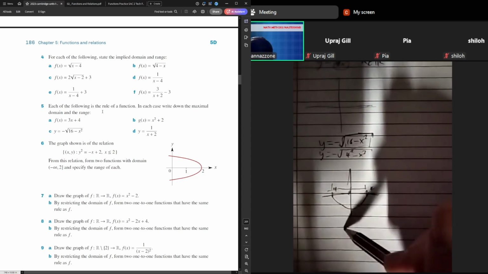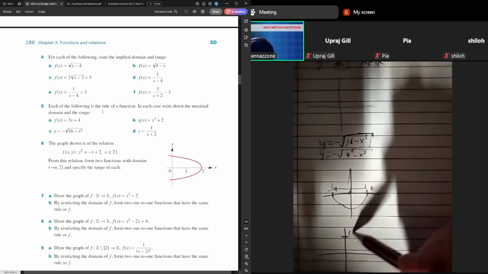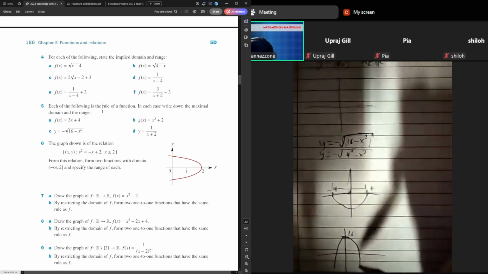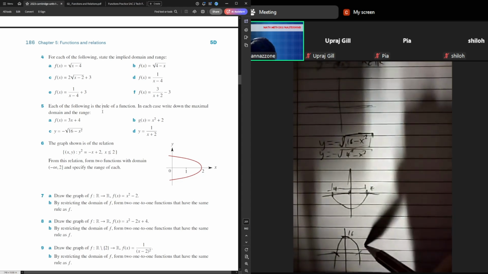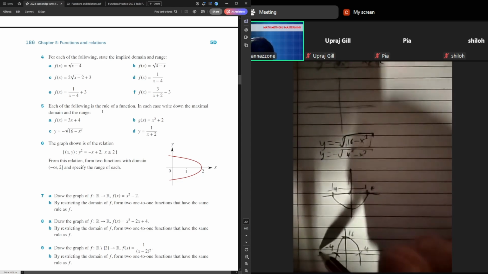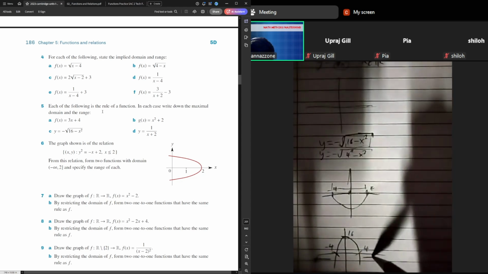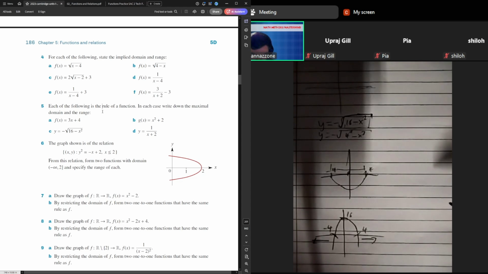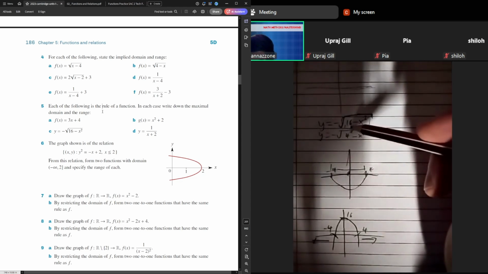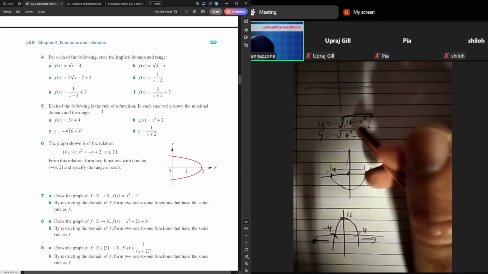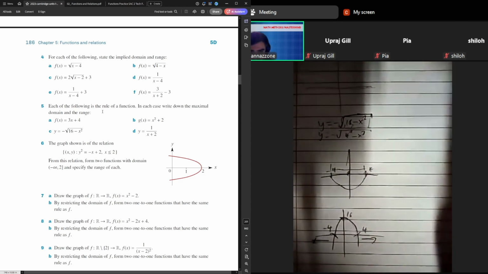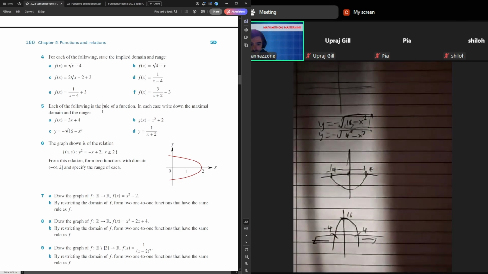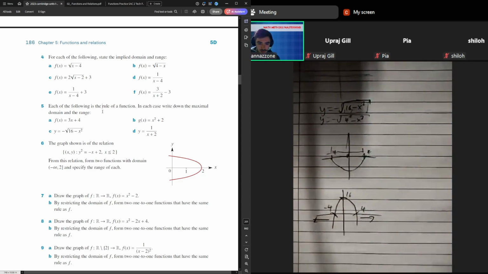You can just draw the graph of 16 minus x squared, and you cut off all the possibilities that cause you to go negative, which would be anything left of here and right of here. You can see it's the same situation. Now, I didn't get into the specifics of why this is 16 minus x squared, but that is just sketching a quadratic. You guys should be able to do that at this point. So either approach will get you there, whether you know or don't know that's a semicircle.